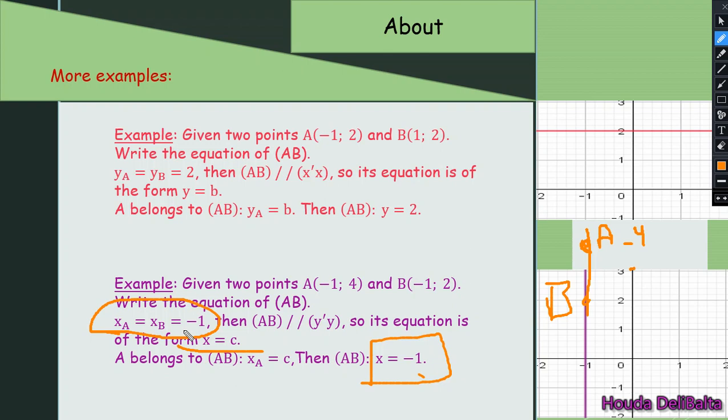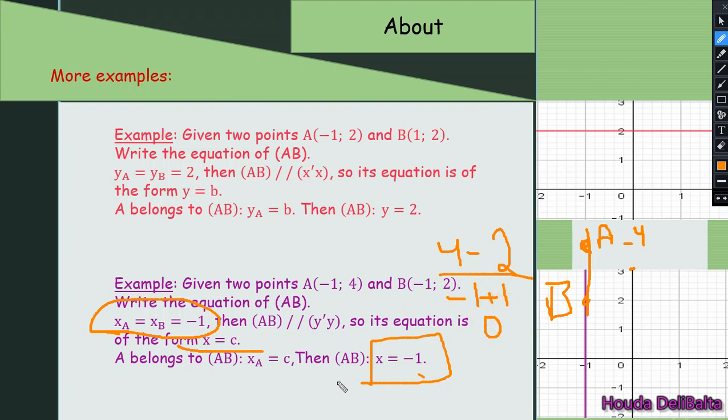And these are examples to let you know how to write the equations of special lines. Because if you try to find the slope of this line, you are going to write YA minus YB, which is 4 minus 2, over XA minus XB, which is -1 minus -1, and minus minus will give plus, which is 0.